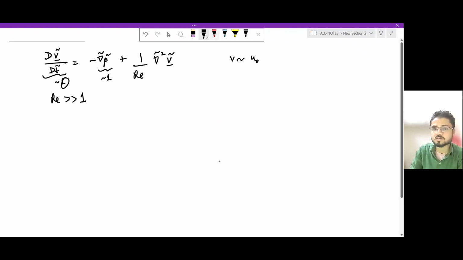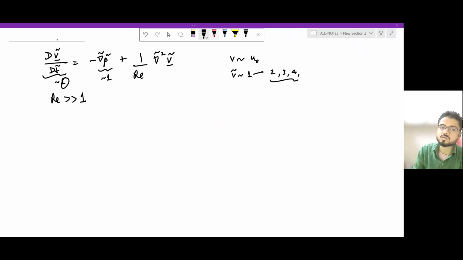Similarly, when something scales as 1, it could be 2, 3 or 4, but it is not carrying any dimensions, and that is the point we want to emphasize here.